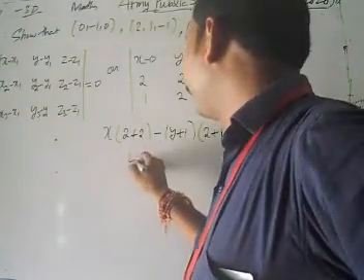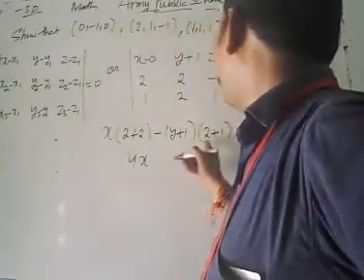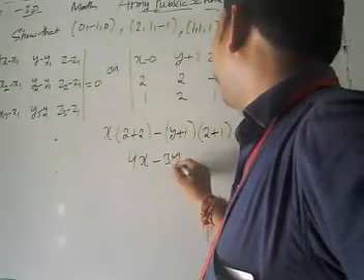Now the equation of the plane is given by 4x minus 3y.